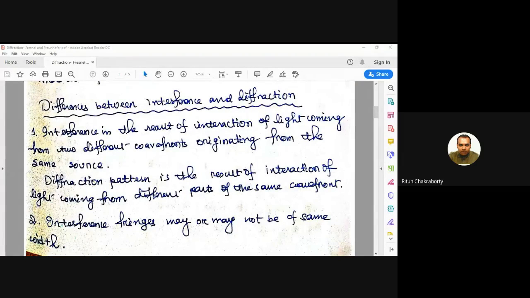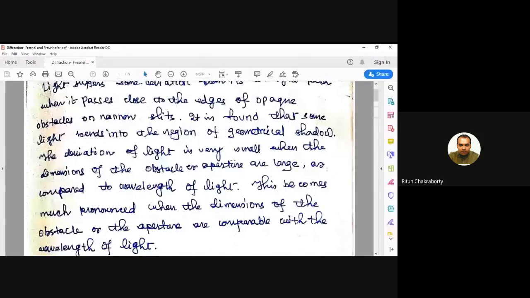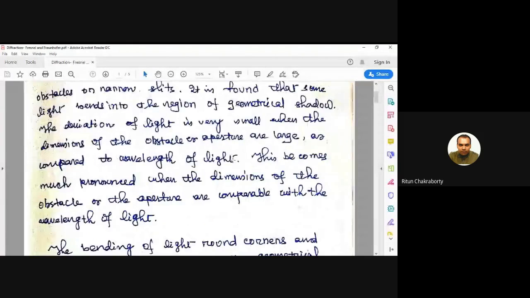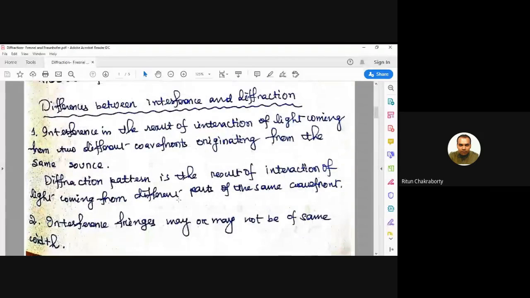Do you have any questions so far from here? If not, then we can move to the differences between diffraction and interference.